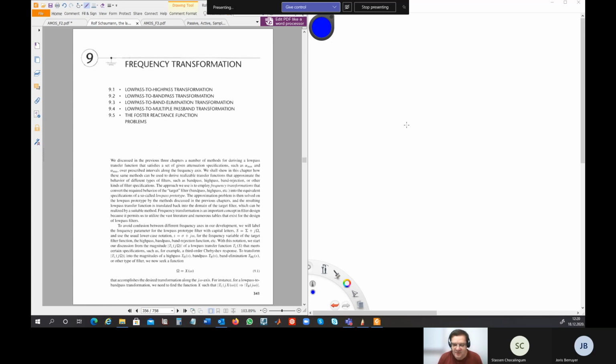What I will derive for you now is from some other book, not from this book here, but it is easier for you to understand what we are talking about. Okay, so we will say a few words about frequency transformation.